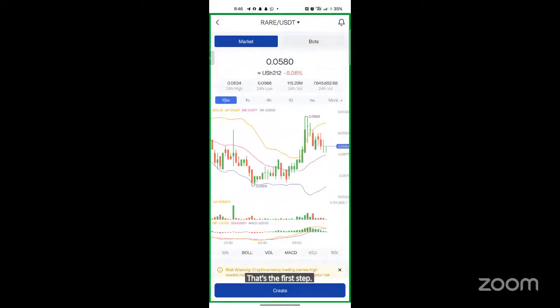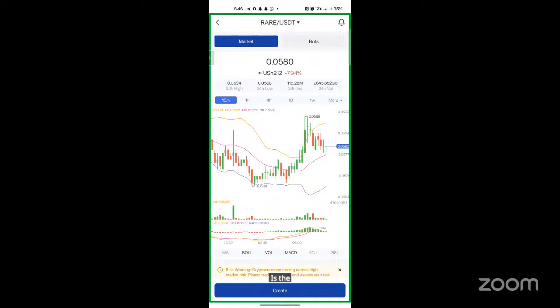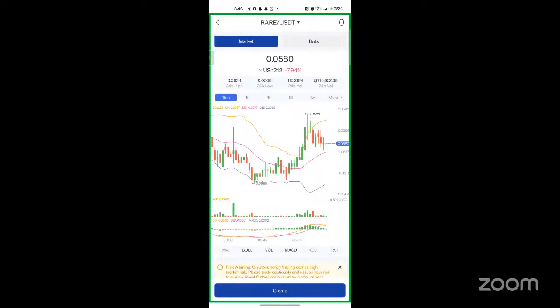So, the current price of this coin is 0.0580. Is the coin below the pivot or above the pivot? It's below the pivot. Good.